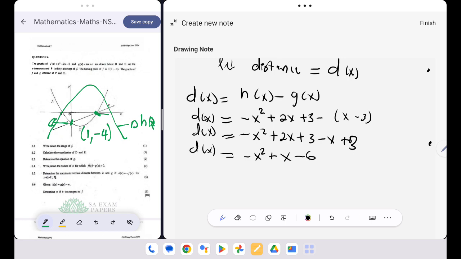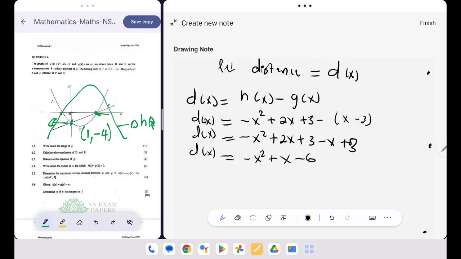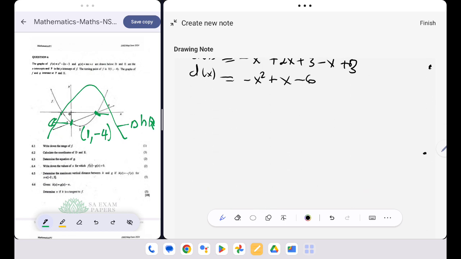Since they said determine the maximum distance, okay, that means we must derive, because we can only find the maximum distance whenever we derive and equate to 0. So d prime of x will be equal to negative 2x plus 1. For maximum distance, I know that my derivative should be equal to 0.